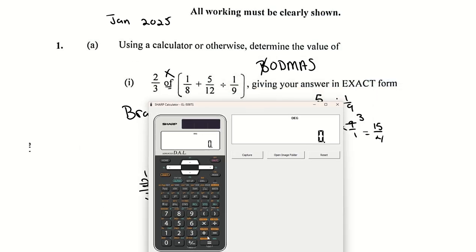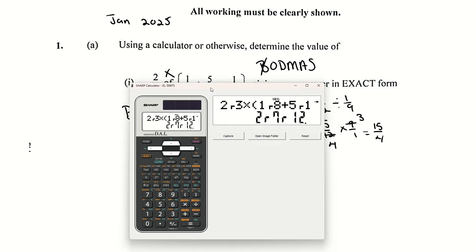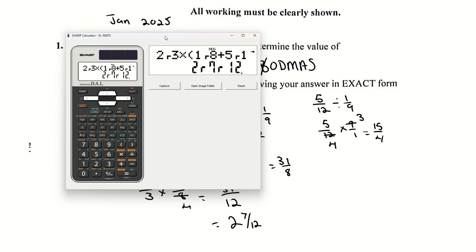Exactly as I have it here, we'll put 2/3 multiplied by, open bracket, 1/8 plus 5/12 divided by 1/9, close bracket, press equal. You get 2 and 7/12, which is exactly the answer we have here. Right, your calculator is programmed to do BODMAS, so like 99% of the time.